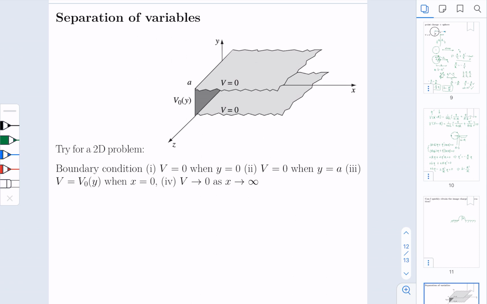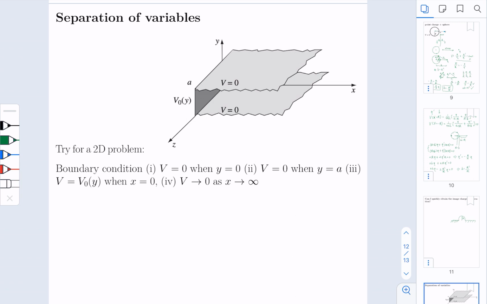It can reduce the dimensionality from 3D to 1D. So if you reduce that to 1D, then you are actually solving an ordinary differential equation instead of a partial differential equation. So that's the power of separation of variables.